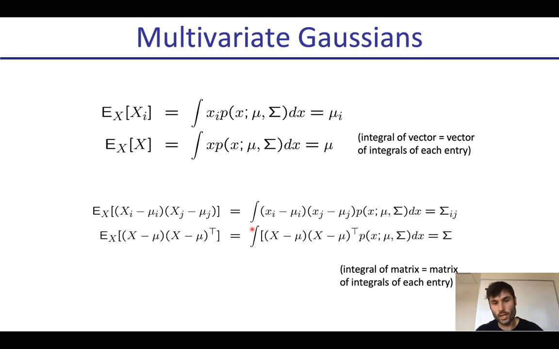And if we do the integral of that, we end up obtaining the ij component of the covariance matrix, the sigma matrix. And in the matrix notation, what this integral means is just doing the integral for each of the components of the matrix.